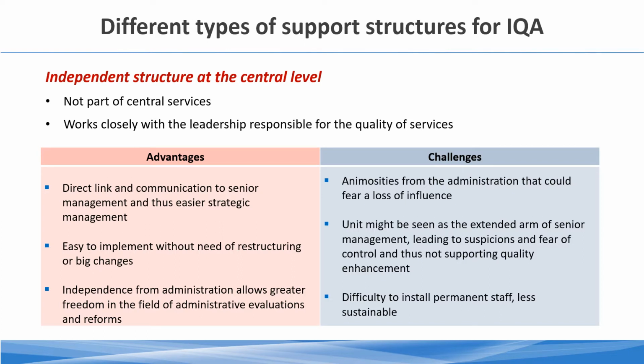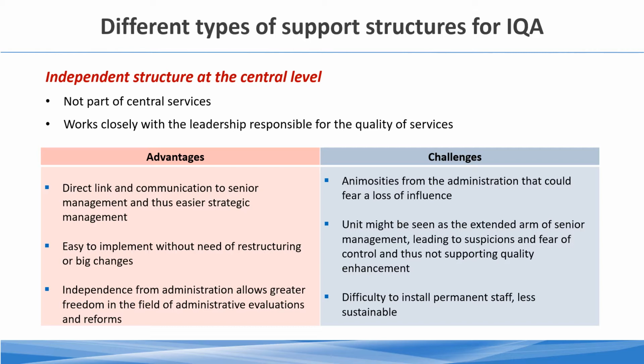Let us start with the independent structure at the central university level. Since it is independent, it is not part of the central university administration, but it works closely with the leadership responsible for the quality of the services, that is to say the vice presidents and rectors for academic affairs.